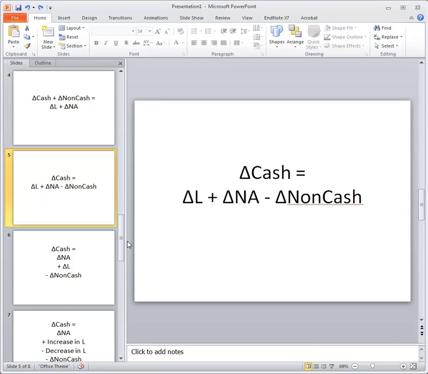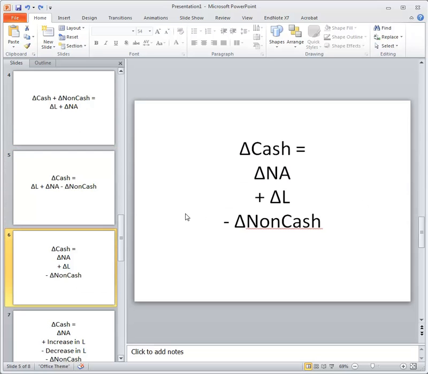And I'm just going to restructure this here so that I've got change in cash is equal to the change in net asset. I just moved net asset to the front, plus change in liabilities minus the change in non-cash. And I've laid it out so that they're all lined up.